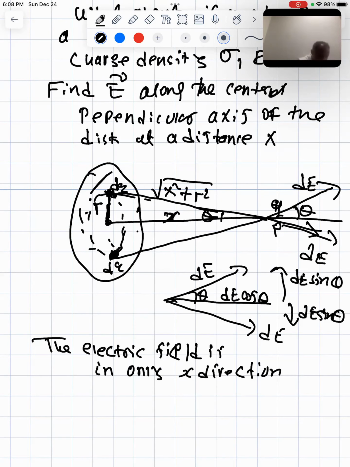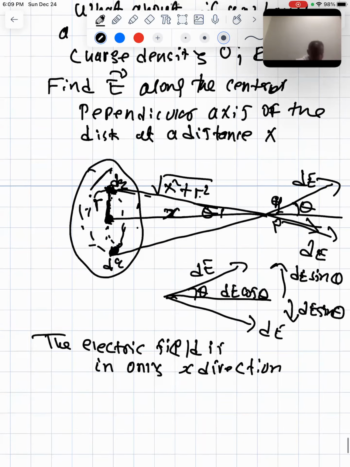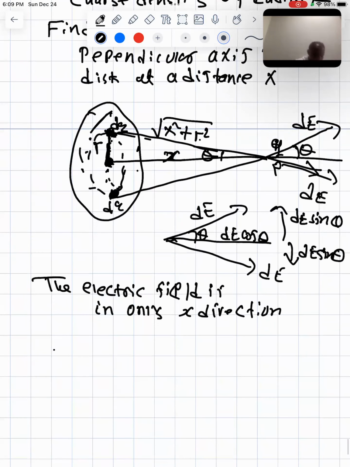But this x is constant, but my r is continuous. It's going to increase until you go to capital R. So small r is variable, x is constant. That makes your problem difficult. So r can be here, here, here, or here. It's everywhere, so it's a variable, but x is only constant. So this integral will be a little bit difficult.